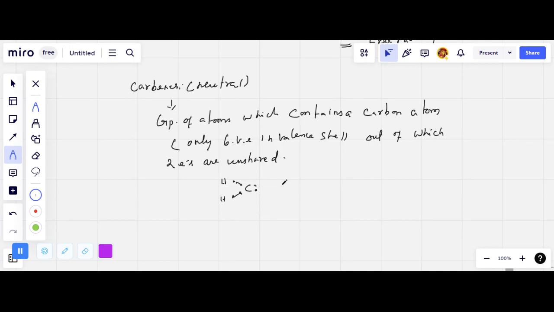Actually they are neutral, but they are electron deficient. We know a group of atoms needs 8 electrons, an octet, but it has only 6 electrons. As they are deficient of electrons, actually it is an electrophile.